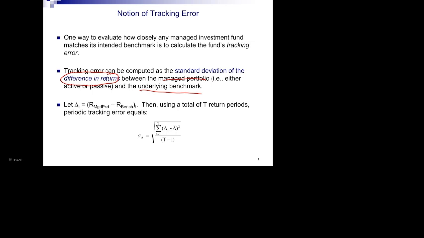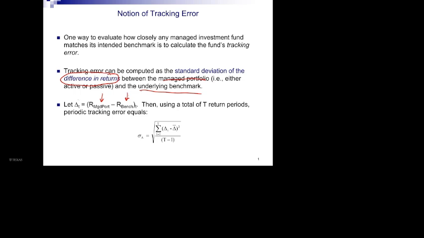So when we calculate tracking error, it's going to be a fairly simple approach, but we have to make one important adjustment. We're not going to calculate the standard deviation of the returns themselves. But what we're going to do is, for each period that we're looking at, say we have monthly returns, take the difference between the returns to the managed portfolio and the return to the benchmark or the index to which the manager's performance is being benchmarked.